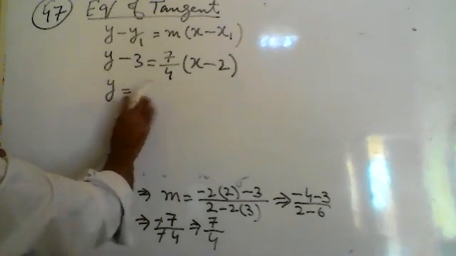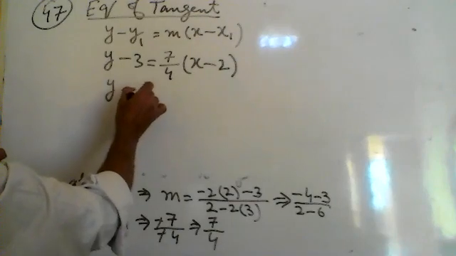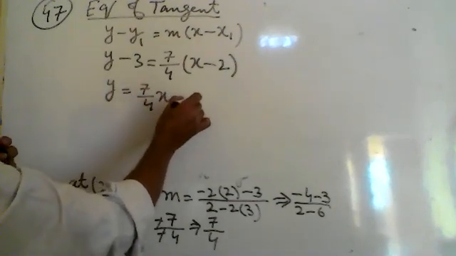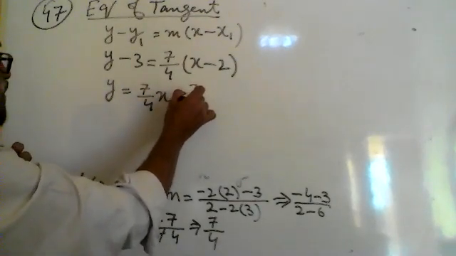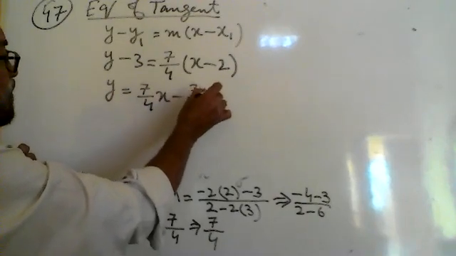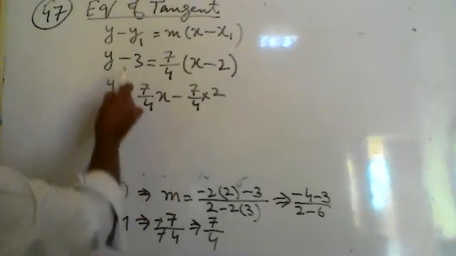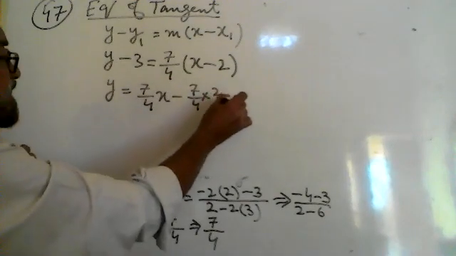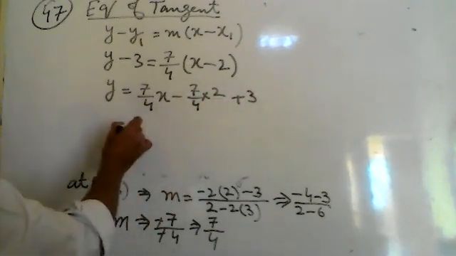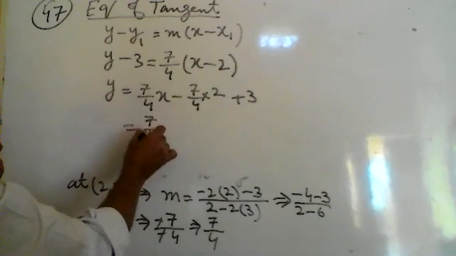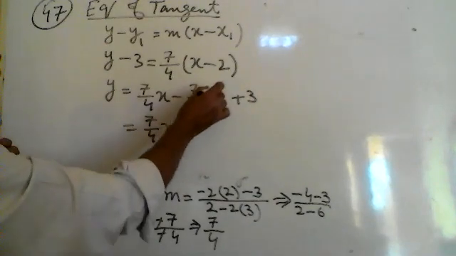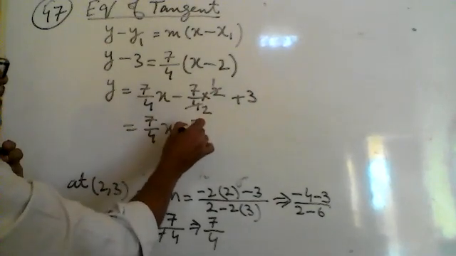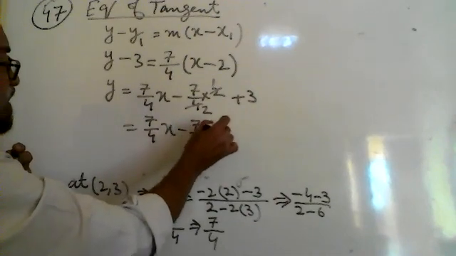First we multiply this one, 7 upon 4x minus 7 upon 4 into 2, and minus 3 will be shifted on the other side. This is plus 3. So the equation will become 7 upon 4x minus 7 upon 2 plus 3.